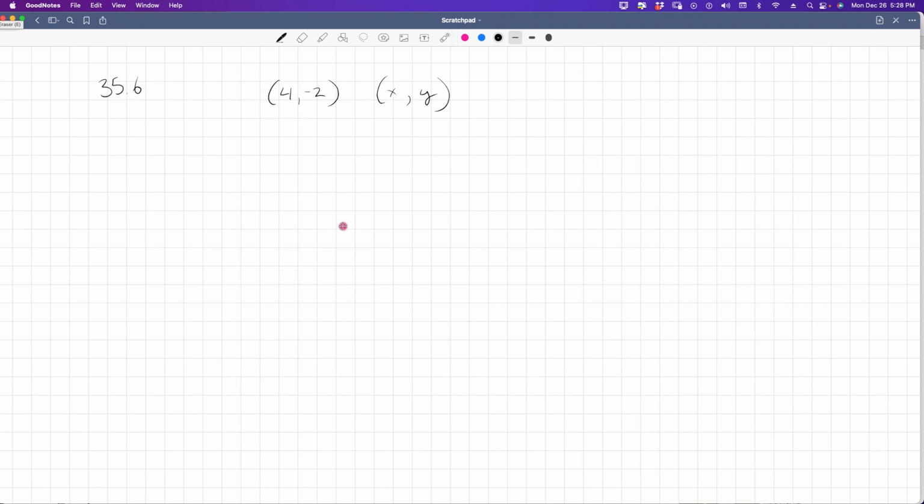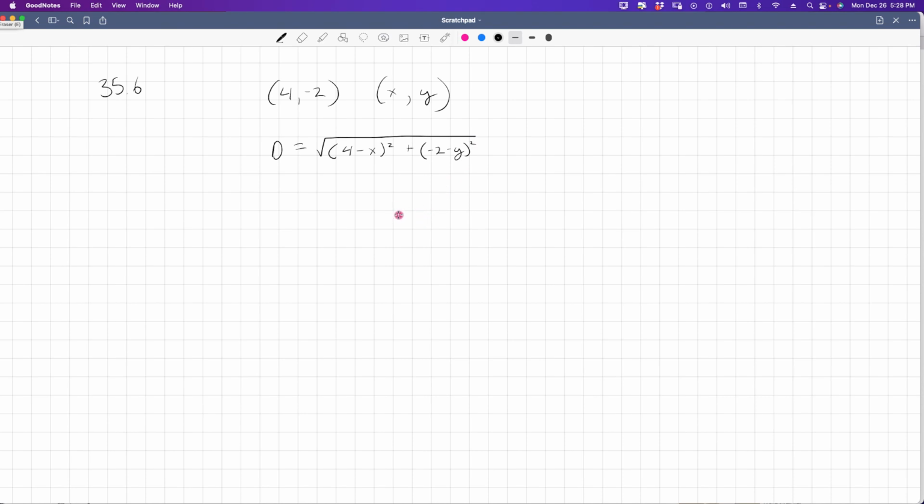So all we can really do is write our distance formula. That's it. So we can say that the distance is equal to the square root of 4 minus X squared plus negative 2 minus Y squared. That's all we can do.